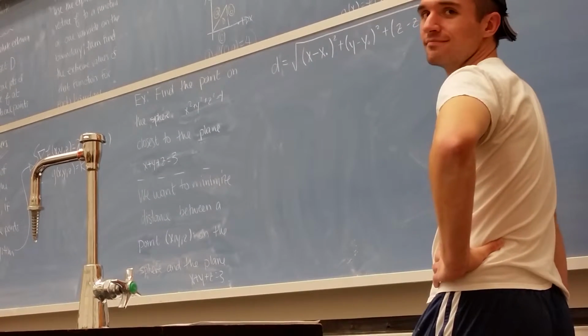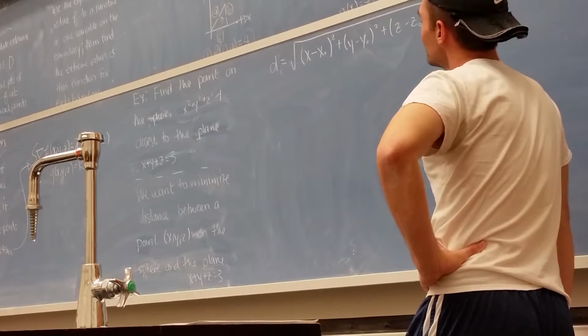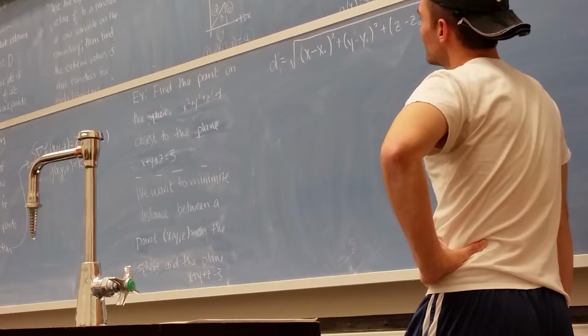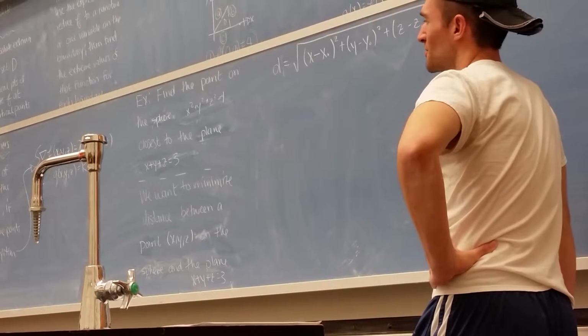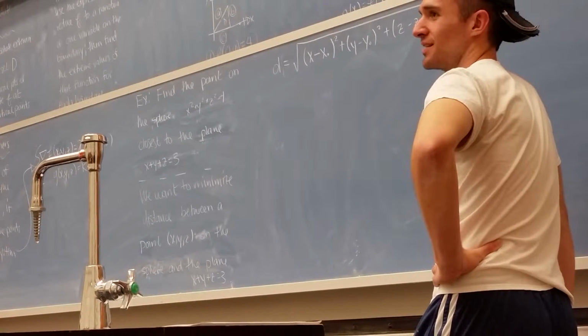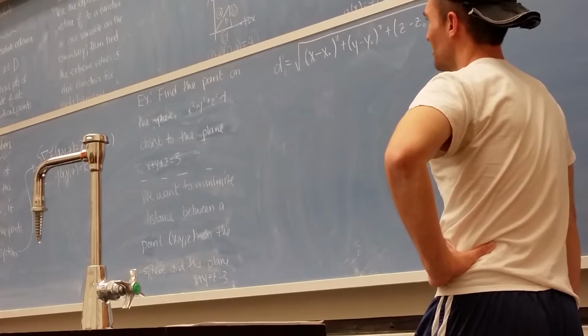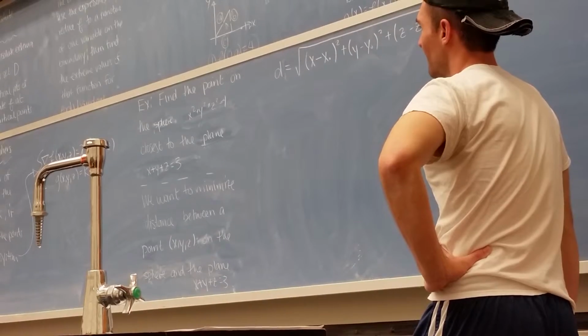So you take your point that you're given on the sphere and... I think it's too easy. It reduces down to a function of one variable, and that would be a Calc 1 problem. So let me make it a little harder.